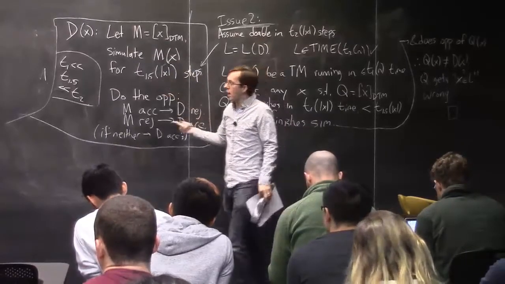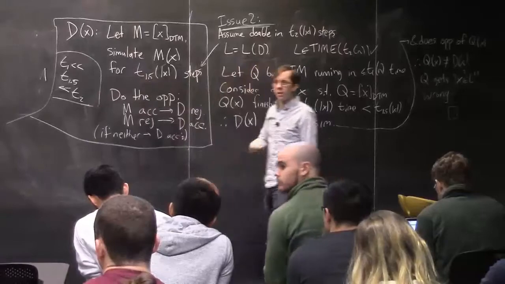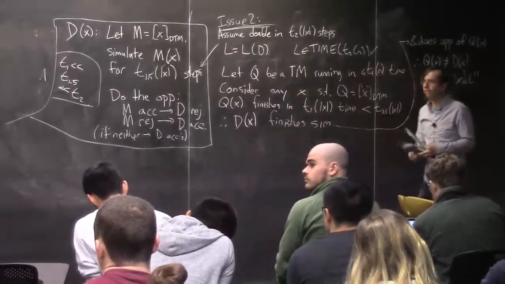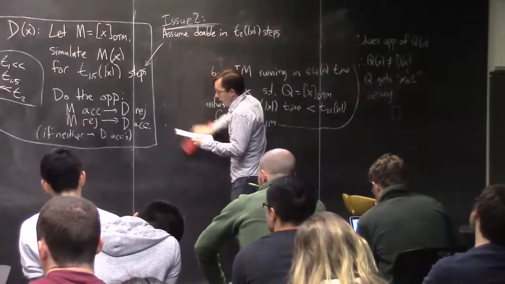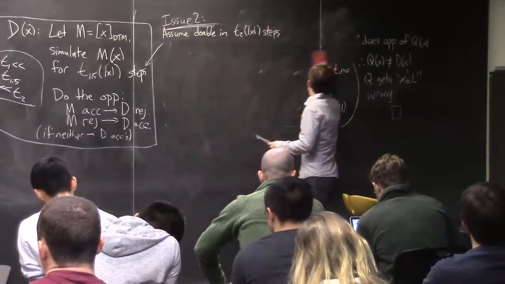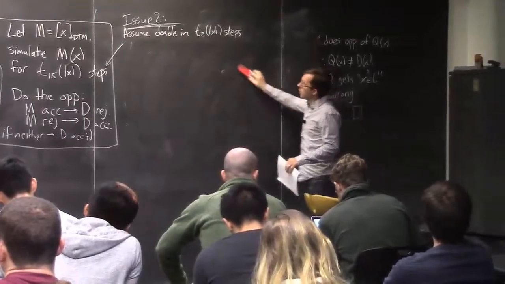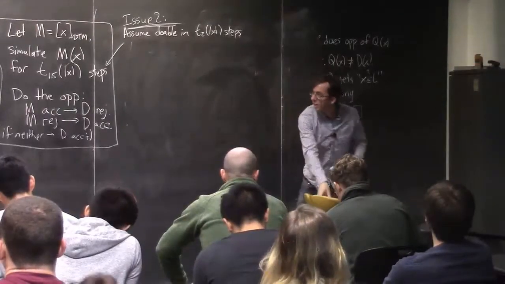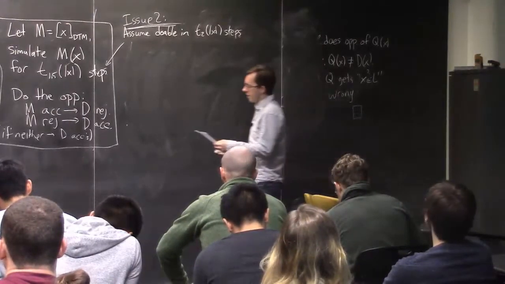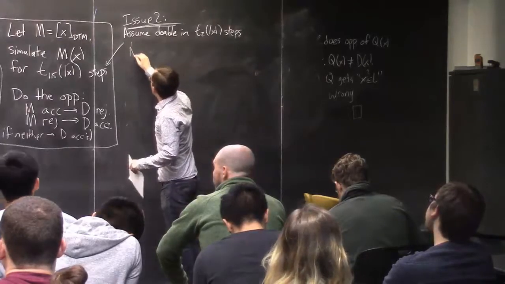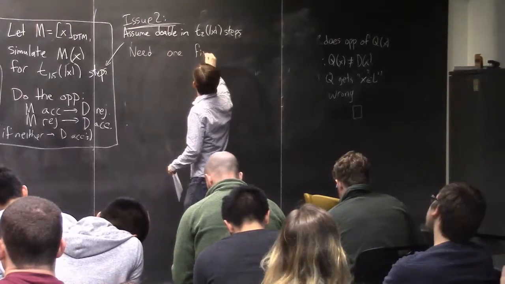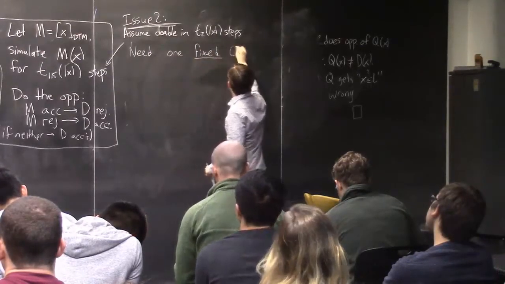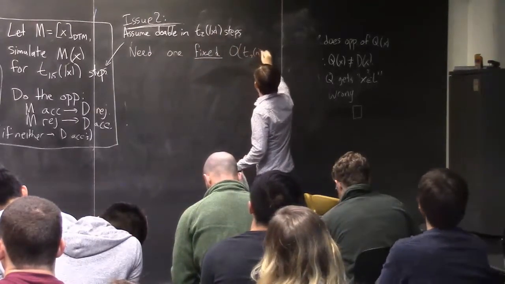And we're allotting ourselves t2 of x steps. So we have to see, is that enough? And there's an issue here which is actually kind of similar to this technical issue 1 that I was just discussing, which is that, you see, we need D to be a fixed, order T2 of n time Turing machine.